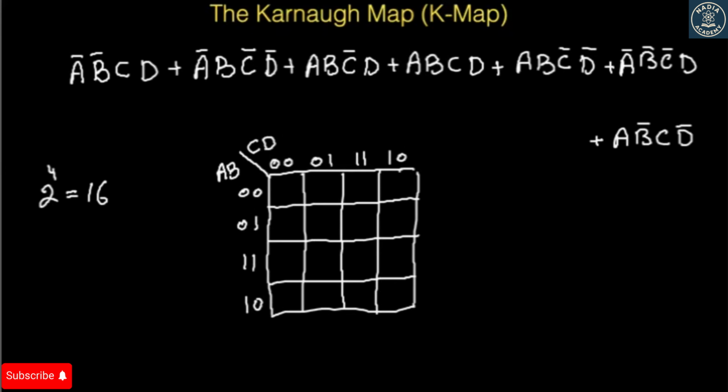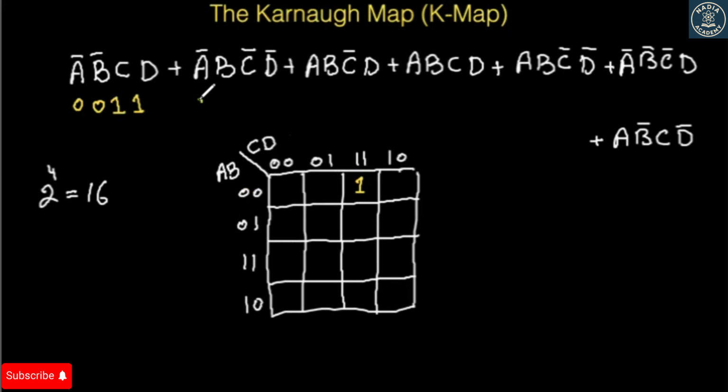Okay, now let's look at each term. The first term: A bar 0, B bar 0, C 1, D 1. So A and B are 0, 0, C and D are 1, 1. So our one value would go over there.